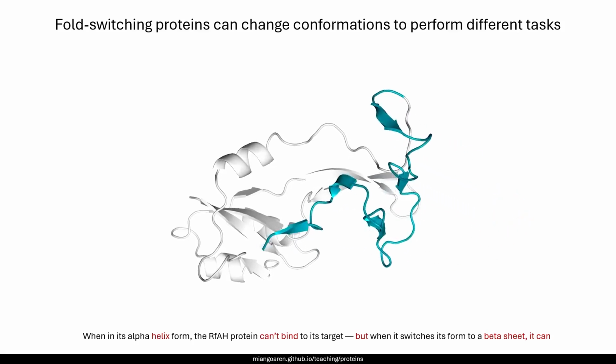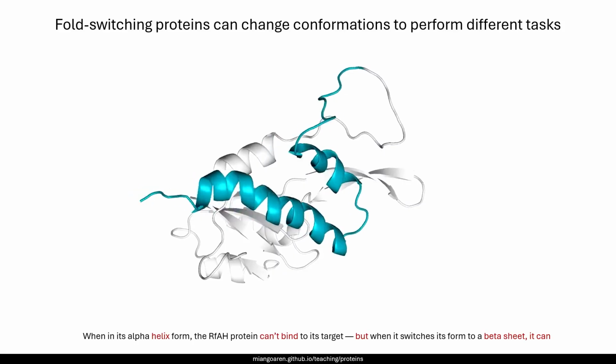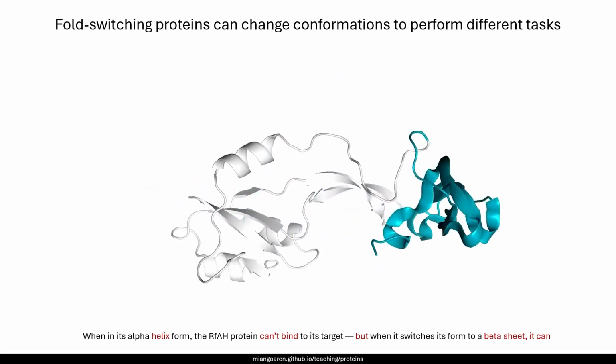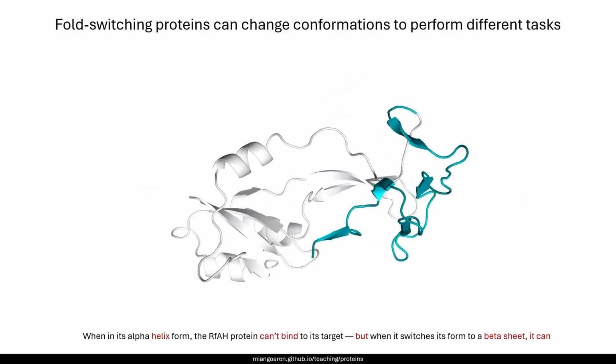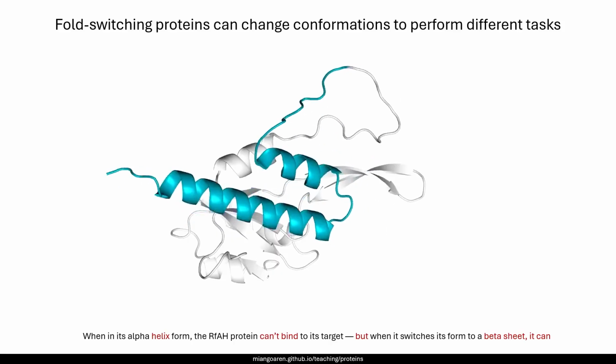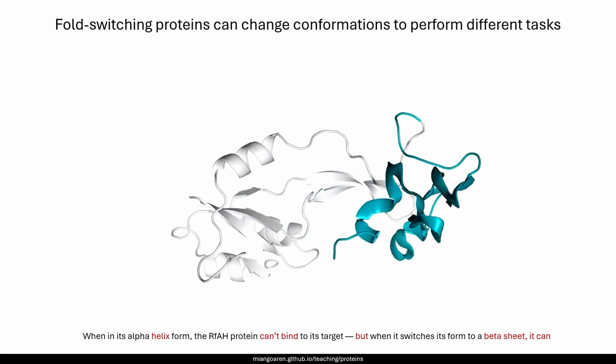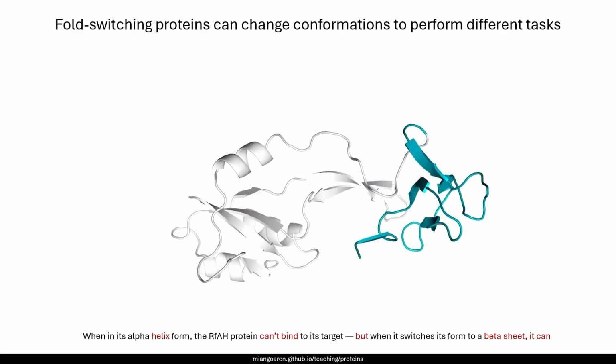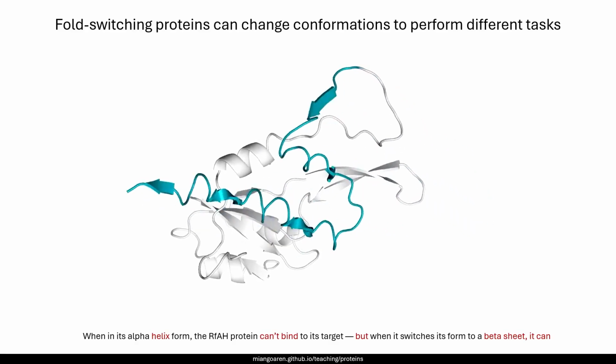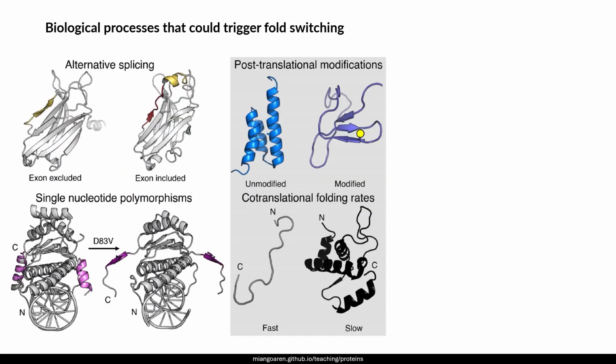But when it adopts the beta sheet configuration, now it can bind. And so this conformational diversity that occurs in this type of switch folds is now also seen associated with physiological processes within the cell. So we could hypothesize that they therefore have some evolutionary value in this sense.